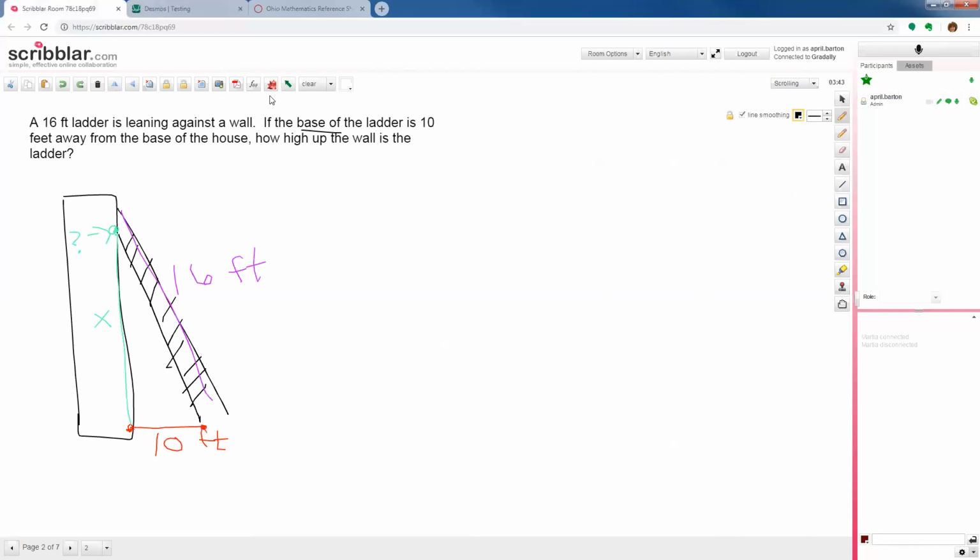If we look inside the triangle, like this spot here, this spot here, this spot here, which one of these spots is a 90-degree angle? It meets kind of in a square shape. It's the one towards the wall and the one long line towards the wall where the ladder's leaning up against.